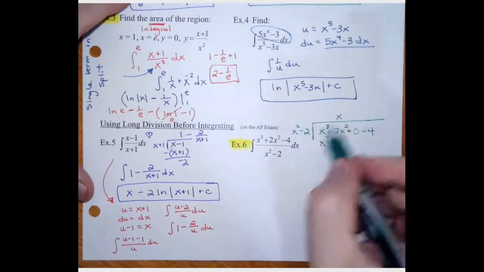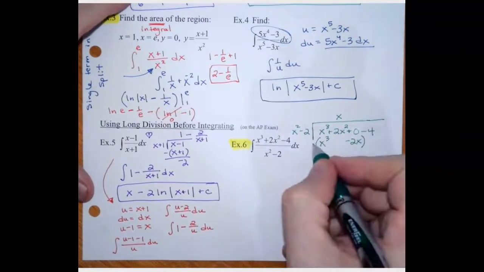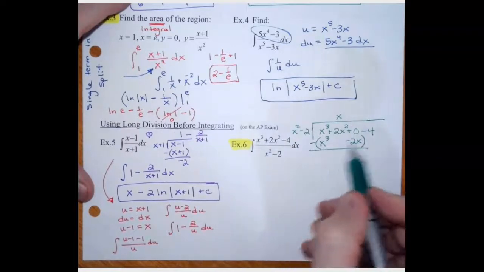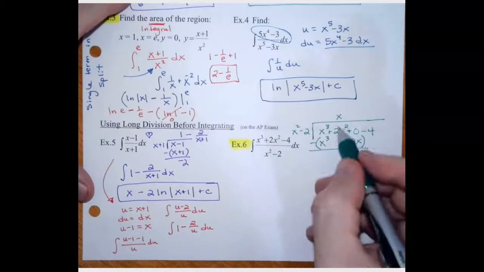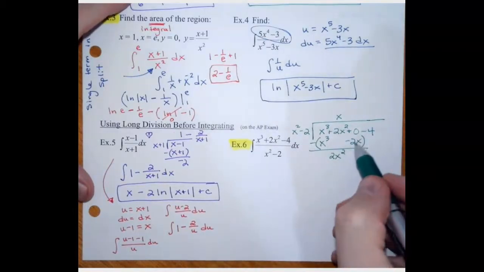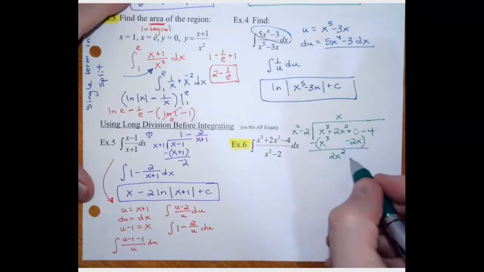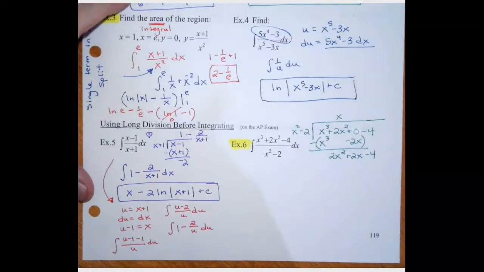So this is minus 2x, that would go under here. Now again, I'm using the parentheses there and subtracting to emphasize, distribute that. So that's going to cancel. This comes straight down. That's not affected by the negative, so that's 2x squared. And then this is subtracting a negative 2x, so that's going to be plus 2x. And then bring the 4 down, like so.